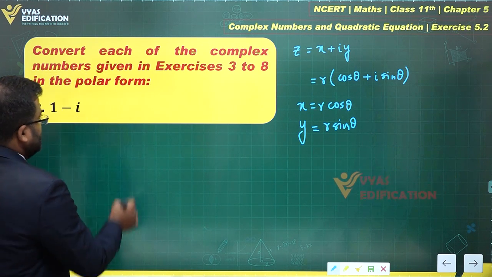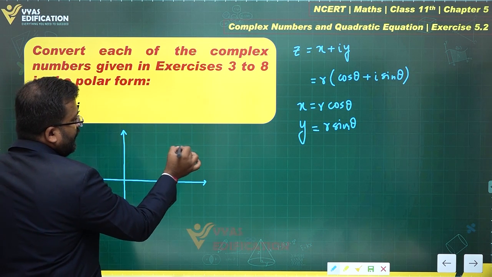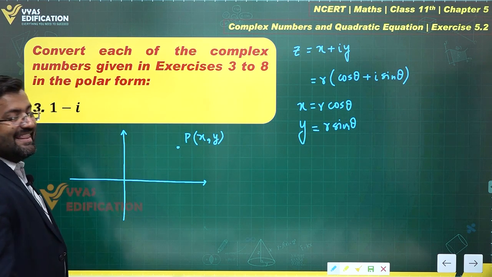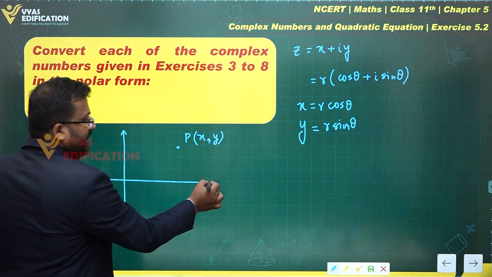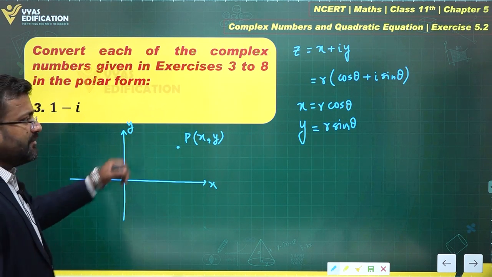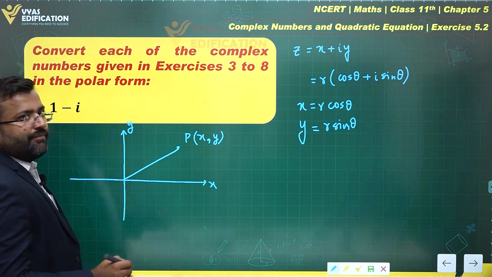Let me draw the diagram once and explain it for you. For any point P, x comma y in the Argand plane, x plus iy can be represented by this point in the Argand plane. This is the real axis and this is the imaginary axis. Now this point P can also be represented in another way.